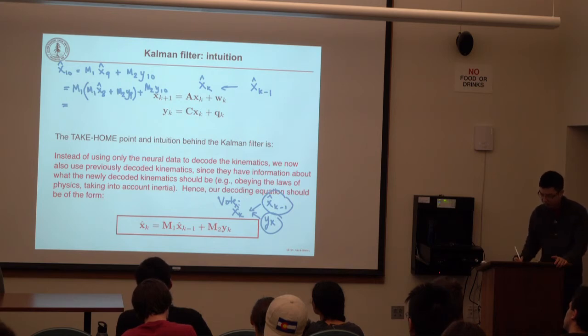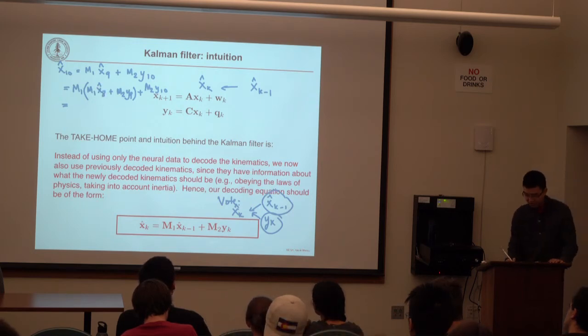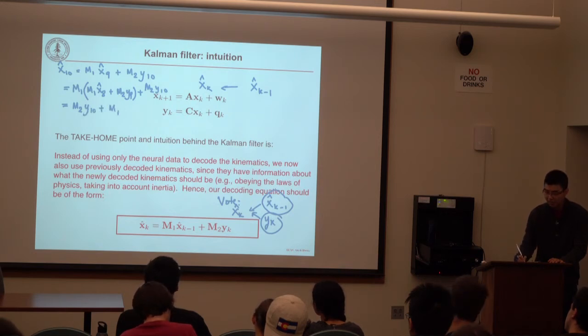And so, as Ingod said, you already see now y9 is starting to appear here. And so we have an equation with y9 and y10. And if we were to expand out this x hat of 8, then we would get a y8 out of here. And so really what this equation looks like is m2 times y10 plus m1 m2 times y9, right?